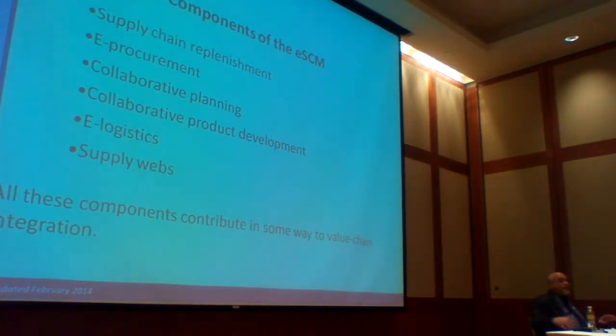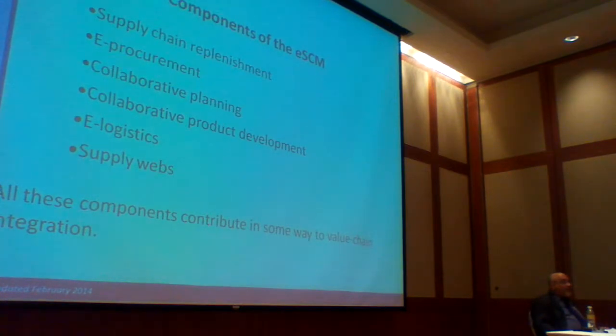Collaborative planning: the different parties, including suppliers and their customers or different organizations in the supply chain, can synchronize and collaborate in their planning. So I can adjust my plan in accordance with my supplier, and his delivery dates can be inputted into my plans.